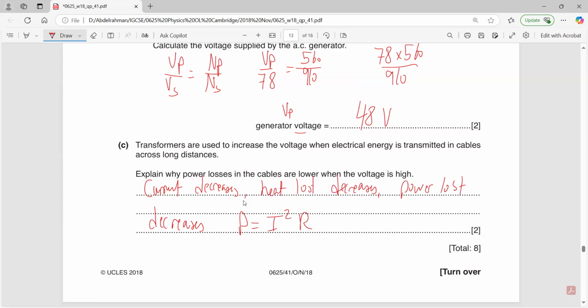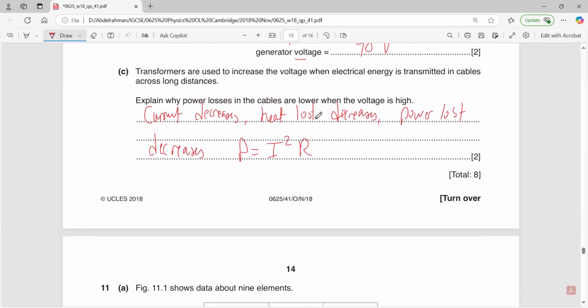Because the current is squared. When you decrease the current, the power lost would decrease significantly. Current decreases, power lost decreases, heat loss decreases. Power equals I squared times R.